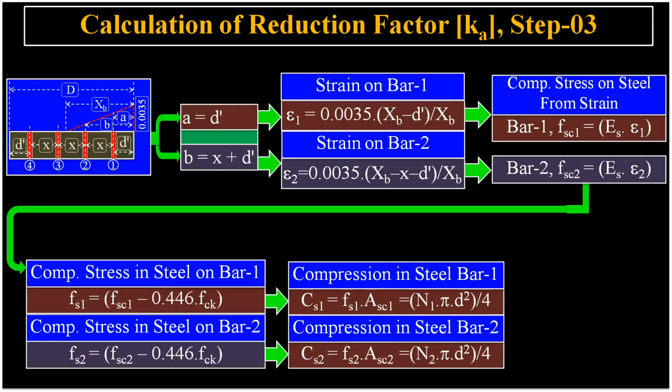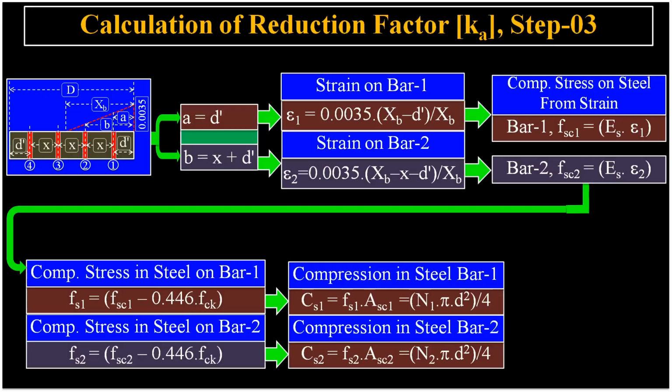Here, ASC1 is the area of compression steel under column 1. Therefore ASC1 equals N1 multiplied by pi multiplied by d squared, divided by 4. Here N1 is the number of bars in column 1 and d is the diameter of the bars. Compression in steel bar 2.